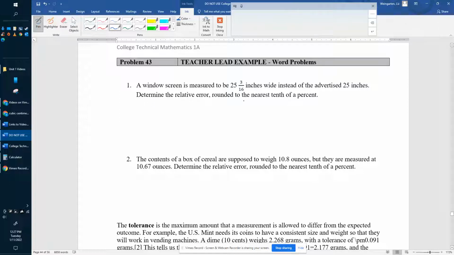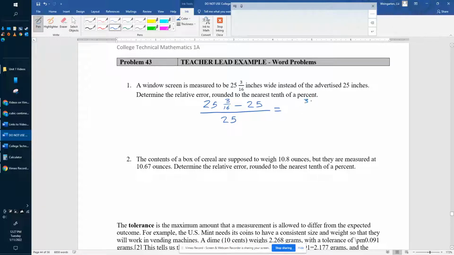So it's bigger. We'll take our new or our actual, subtract what it should have been, divide it by what it should have been, and that'll give us our percent.